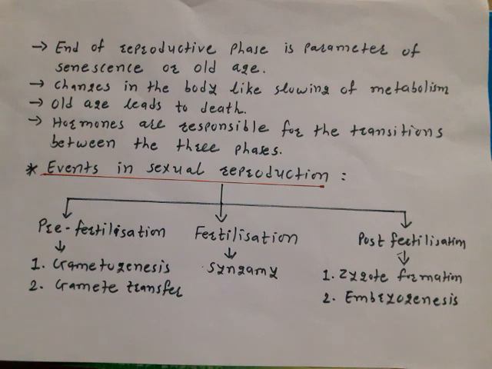It means that all metabolic activity of the body slows down. It is a sign of old age and ultimately leads to death. Hormones are responsible for the transition between the pre-reproductive, reproductive and post-reproductive phases. So, in the life cycle of higher organisms, mainly these three types of phases are observed.